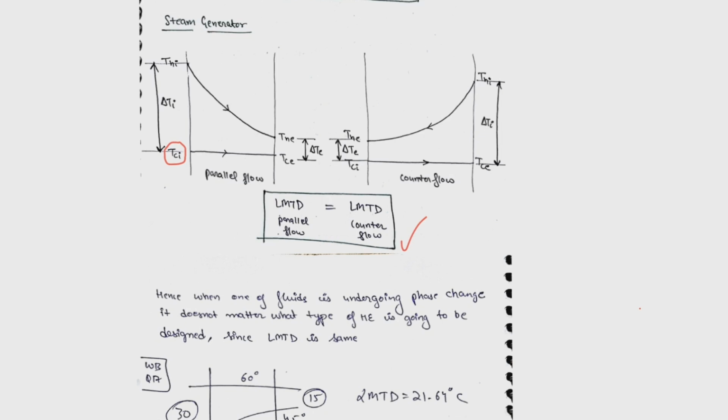This is very important because students get confused in the examination, feel that the examiner has not given whether it is a parallel flow or counter flow, do not solve the problem, and finally lose the marks. So this is a very important point that one should note.